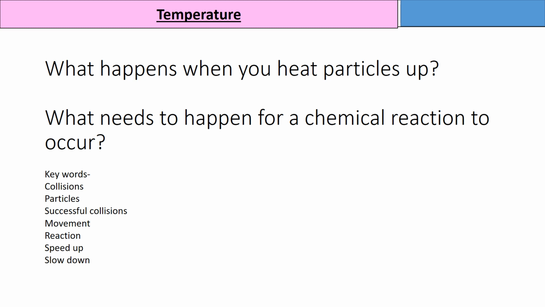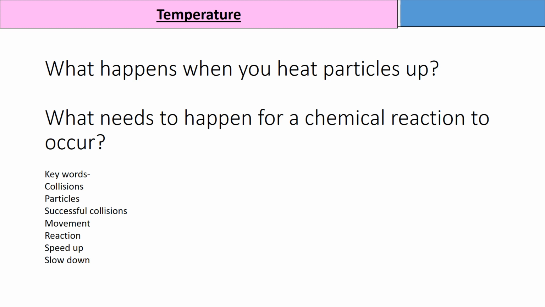And then what needs to happen for a chemical reaction to occur? You need to have a physical collision between the particles. And that collision needs to happen with enough energy so that it is a successful collision and a chemical reaction will occur.